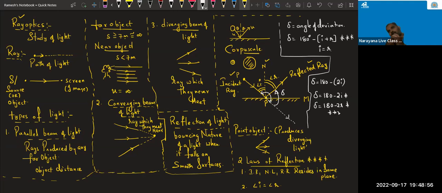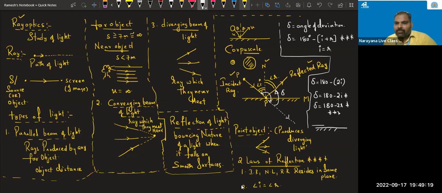Sir, why can't I and R be 90? It can be 90. Then 0, sir. No, 0 deviation. It will come and go like this. This is a plane mirror, right?